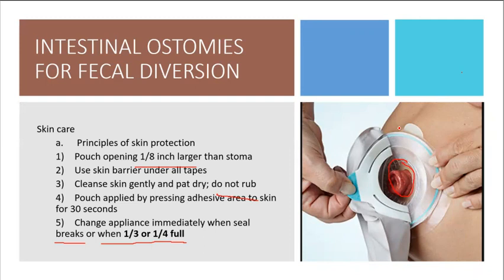If we notice any of this, you must report it to the healthcare provider immediately, because it could mean that there's an obstruction. So again: absence of drainage, any sudden decrease in drainage, or onset of severe abdominal pain, you must report to the healthcare provider.